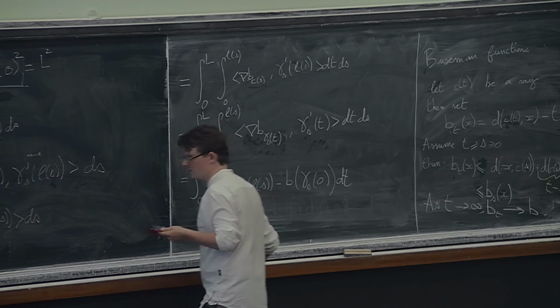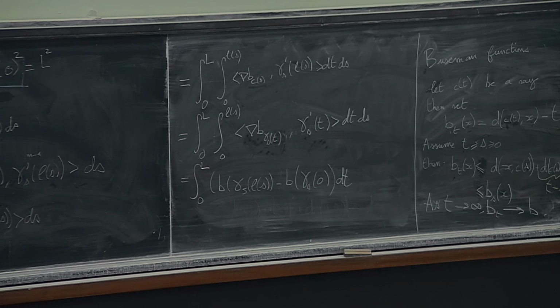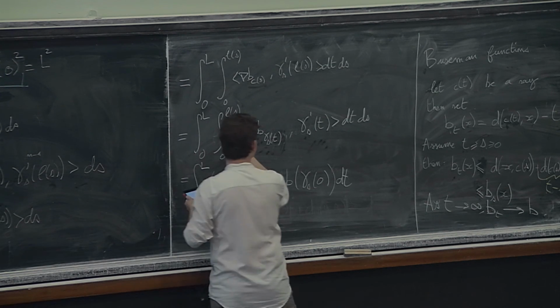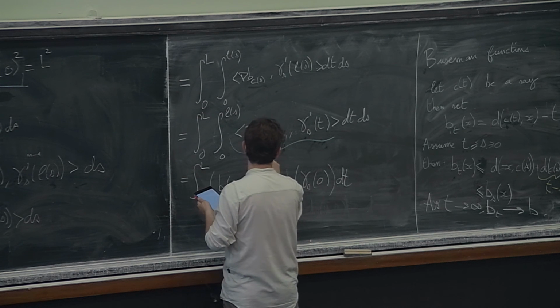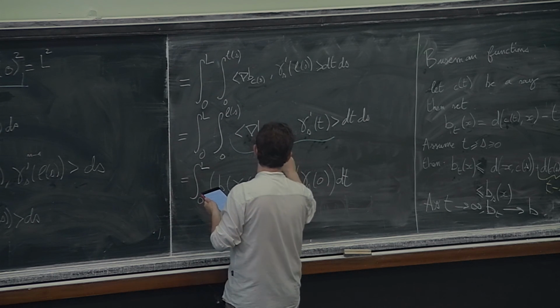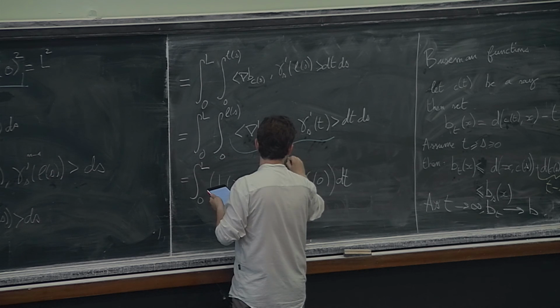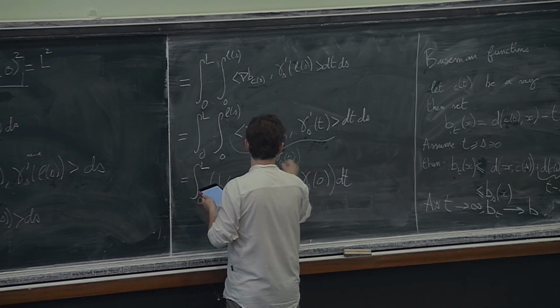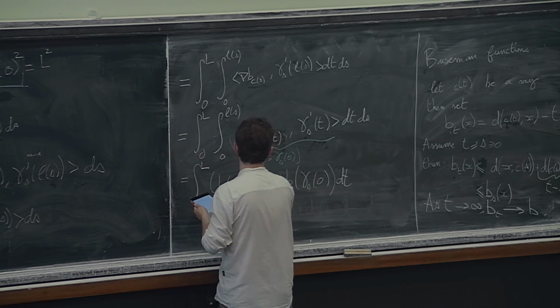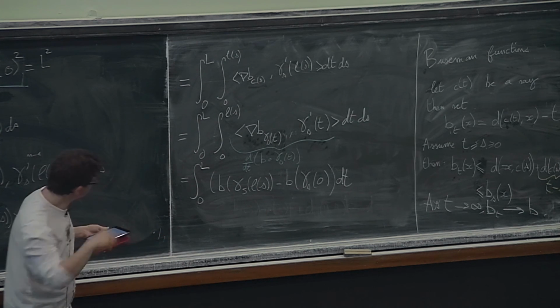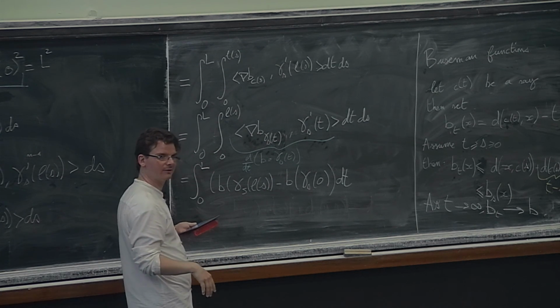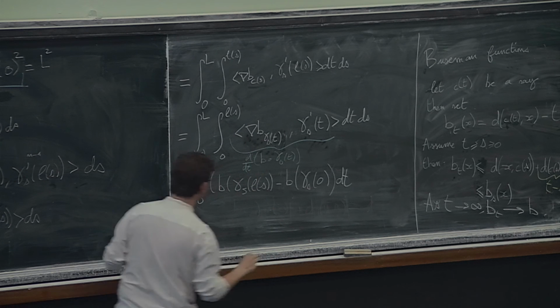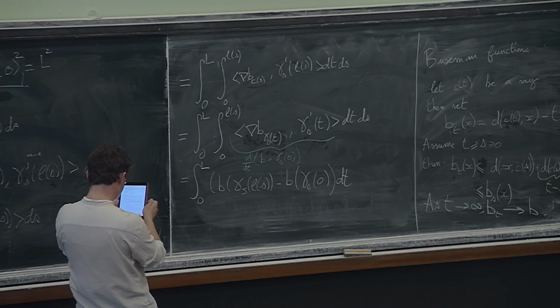So basically what I did there is just recognize that this is B composed with gamma s of t and d over dt of that. Okay? So, well, I'll leave you alone afterwards.